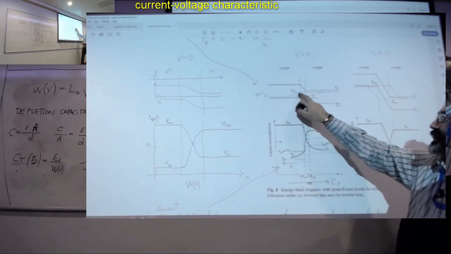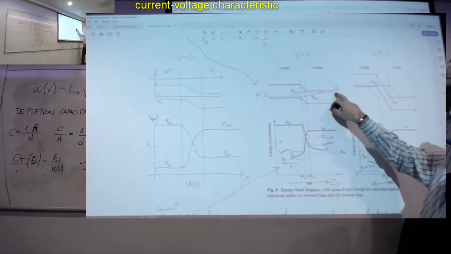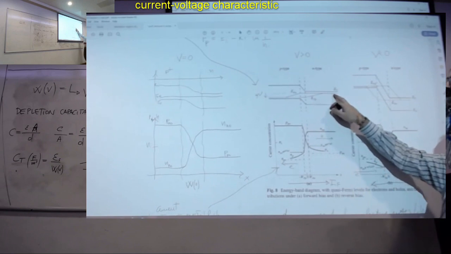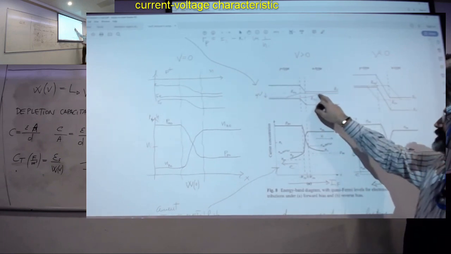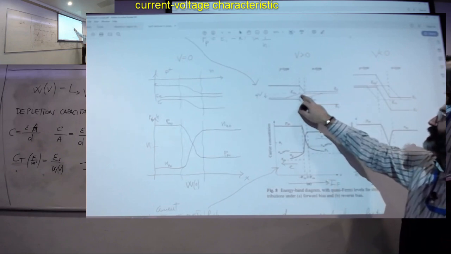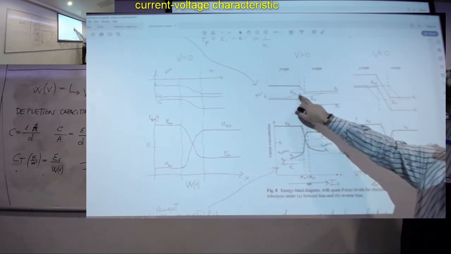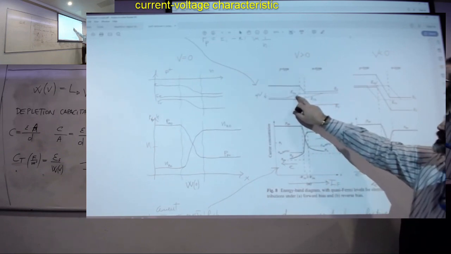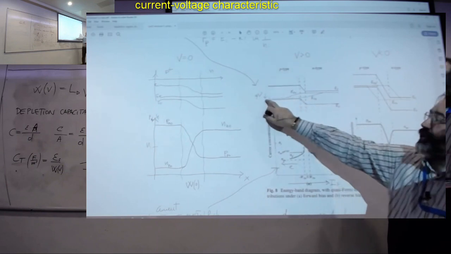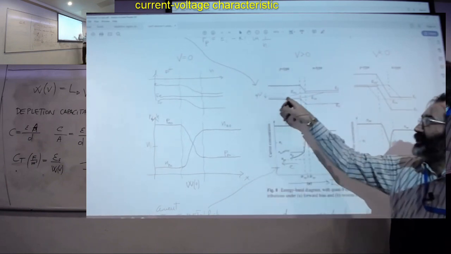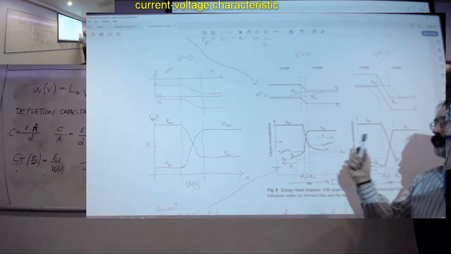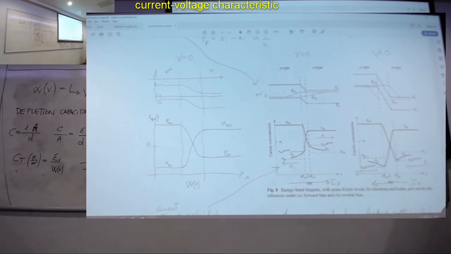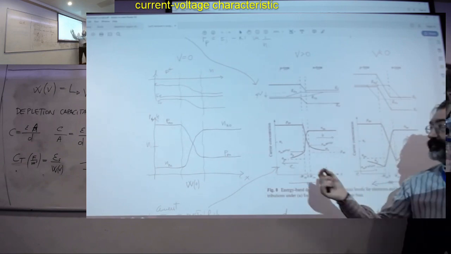Similarly for the electrons. On this side, the electrons are the majority carriers. So we assume that the quasi-Fermi level stays flat up until the end of the depletion zone. And then slowly and gradually goes back to the value of the Fermi level down there. So these are the quasi-Fermi levels. Remember, the quasi-Fermi levels can be read in the same way we use the Fermi level.